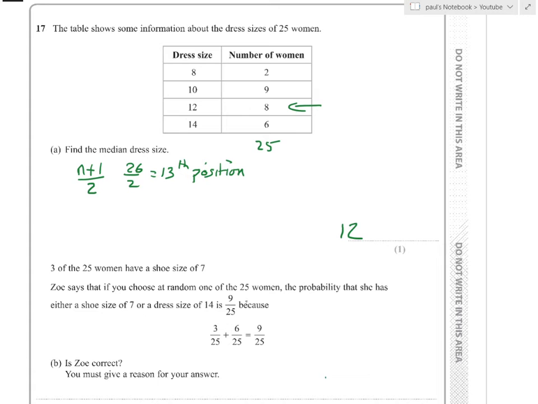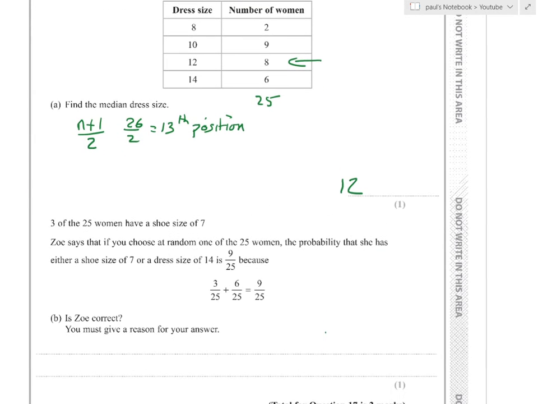Now, 3 of the 25 women have a shoe size of 7. And Zoe says if you choose at random one of the 25 women, the probability she has a shoe size of 7 or a dress size of 14 is 9 over 25. Because we've got 3 out of 25 there, and 6 out of 25 there. Now, no, she's not right. The reason why is because she's treated the people who have shoe size 7 as different from the people who have dress size 14.